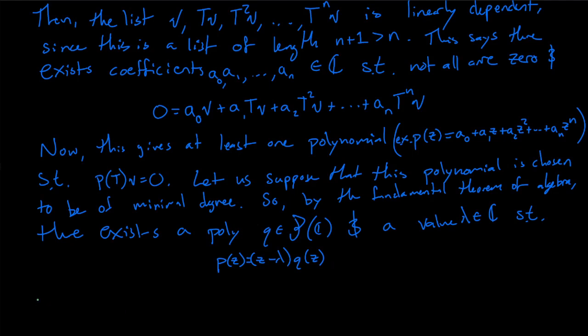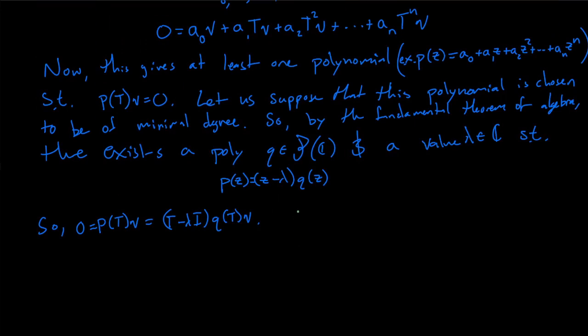Okay, so let's think about this then. p t of v is 0, which means that, now let's write it out, t minus lambda I times q t of v is also 0.